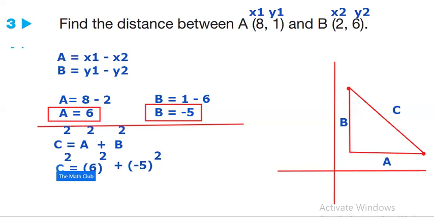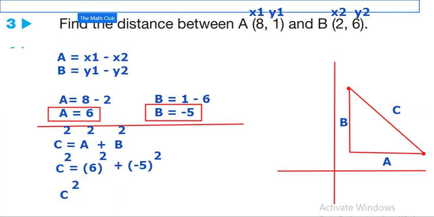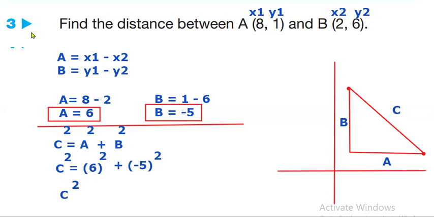Now, when you square the 6, it's going to be 36. So C squared equals, 6 squared is 36, and then plus negative 5 squared is going to be 25.